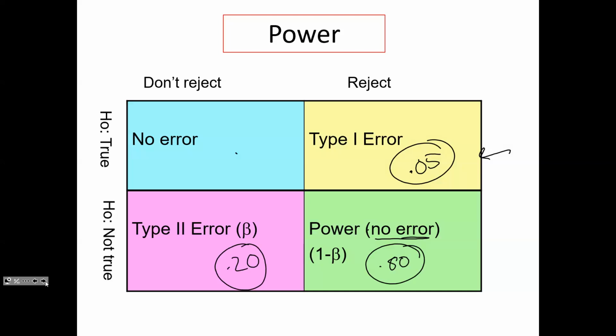That's the way people do it, but I would argue you shouldn't just default to the standards. You should be thinking about what's the more egregious kind of error to make in your situation, a type 1 or a type 2 error.